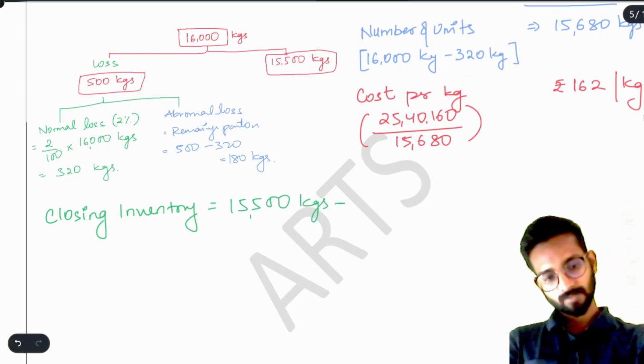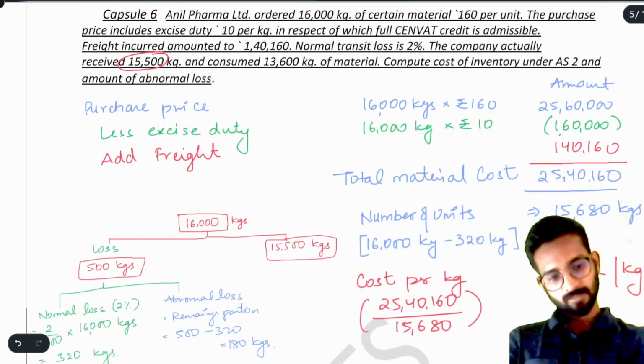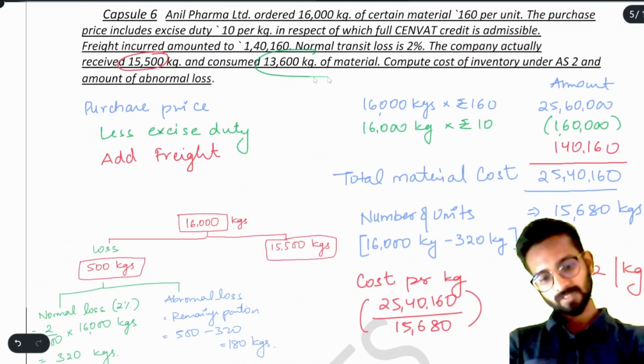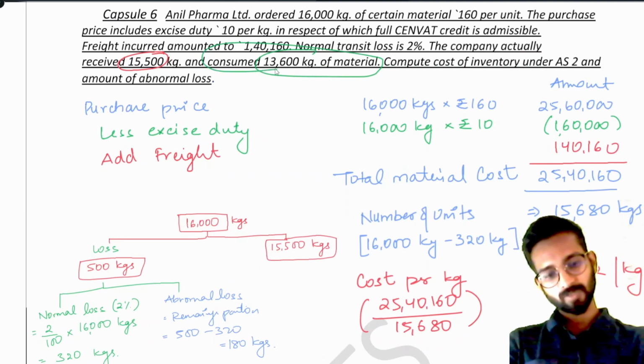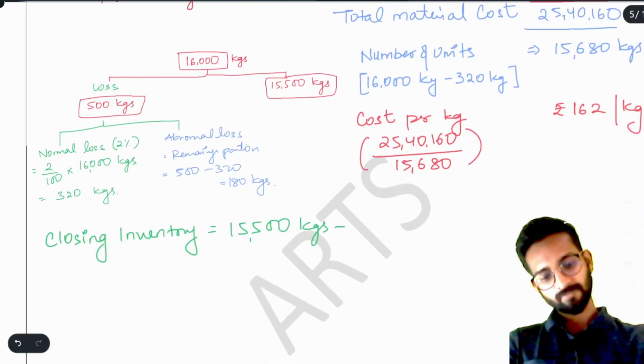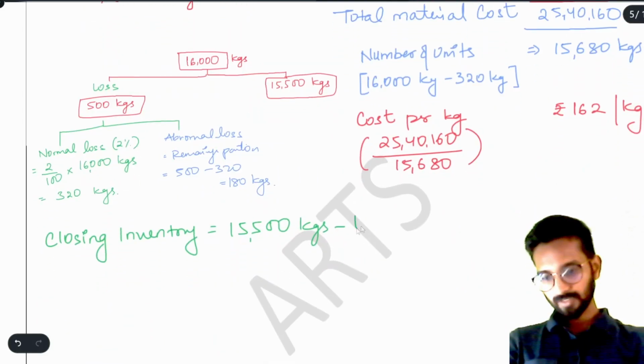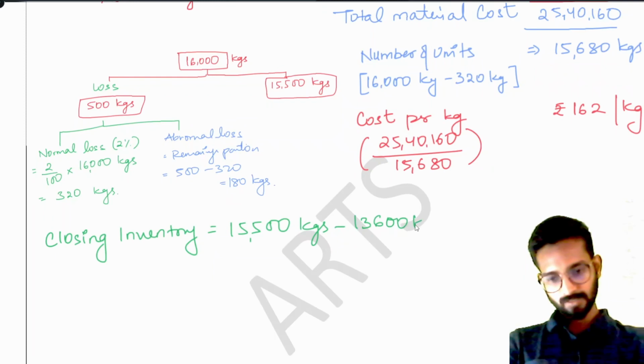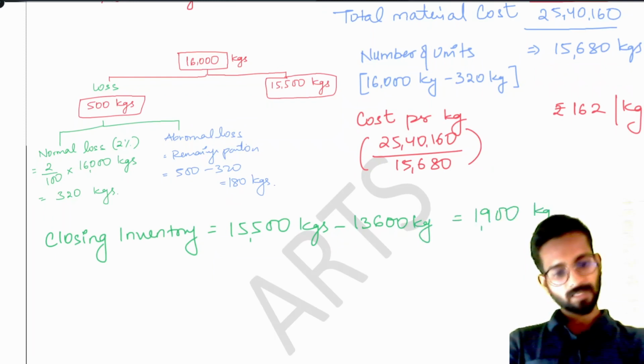Out of that, 13,600 kgs of material was consumed. So we received 15,500, 13,600 kgs is consumed. So you can say 1,900 kgs is still in our godown.